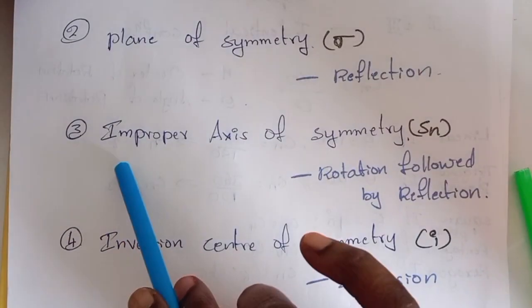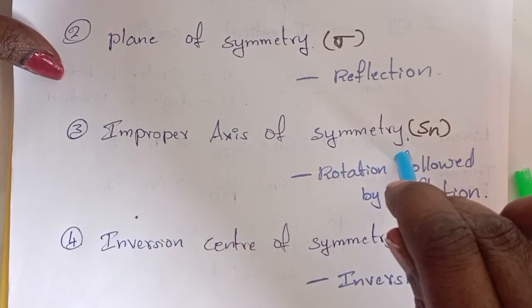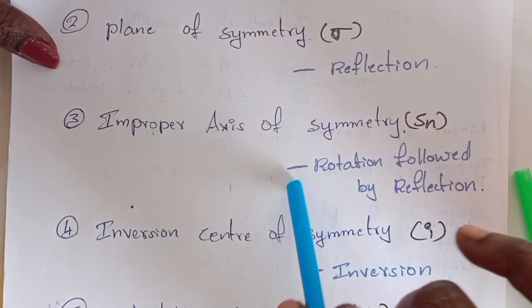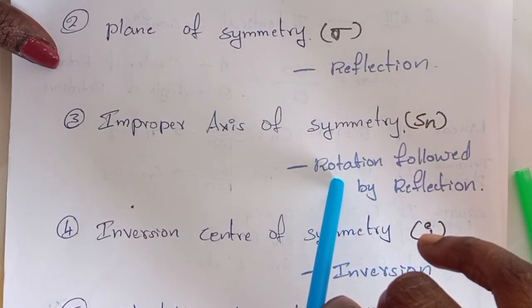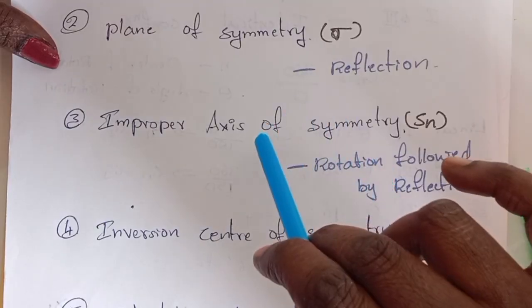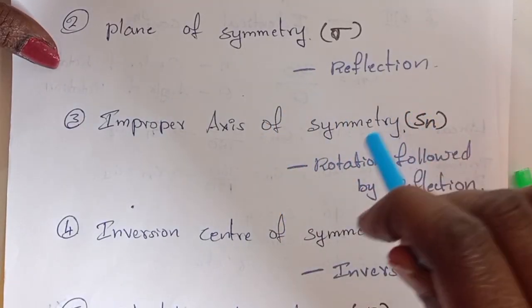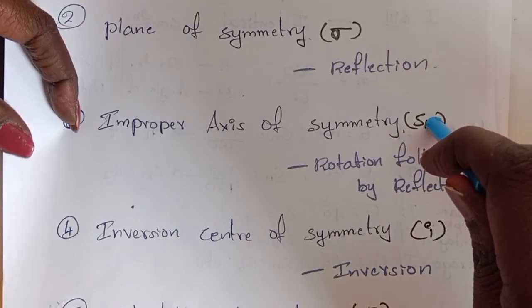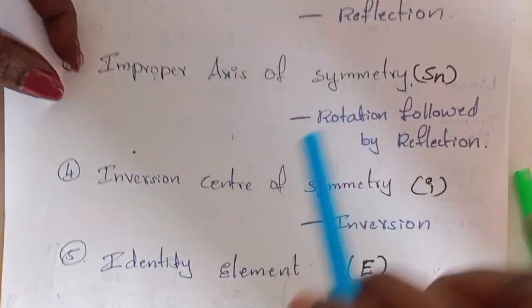The third symmetry element is the improper axis of symmetry. It can be represented with Sn and can be generated by rotation followed by reflection. Not by rotation alone do we get the improper axis of symmetry; only rotation followed by reflection gives the improper axis of symmetry element.